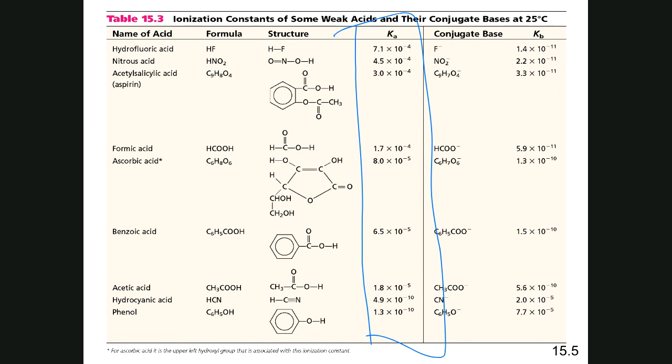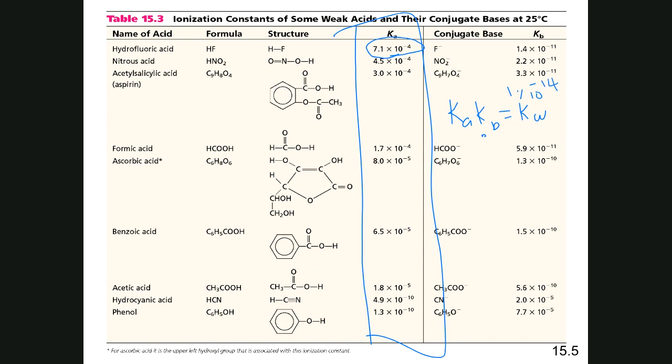Ka times Kb equals Kw. That's another one. Ka times Kb equals Kw. So if you have the value for Ka and you need the value for Kb, you're going to set up that number times Kb equals 1 times 10 to negative 14, which you have to memorize.